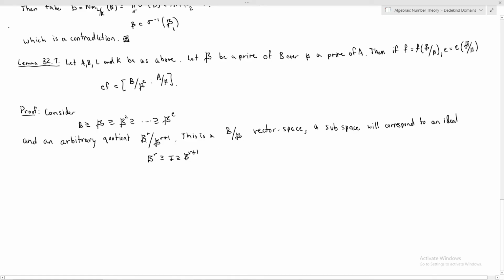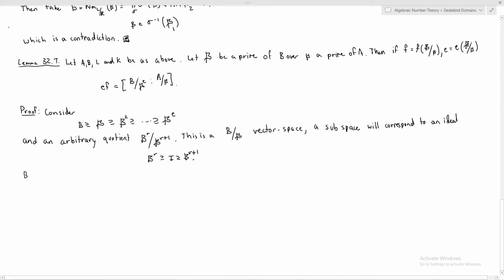Basically, considering this as a B mod P vector space is more or less the same thing as considering this as a B module, if you like. And then B modules here correspond to B modules in between these two guys by the correspondence theorem, and B modules are the same thing as ideals. However, there's basically only 2 ideals between these two guys. There's the top one and the bottom one.